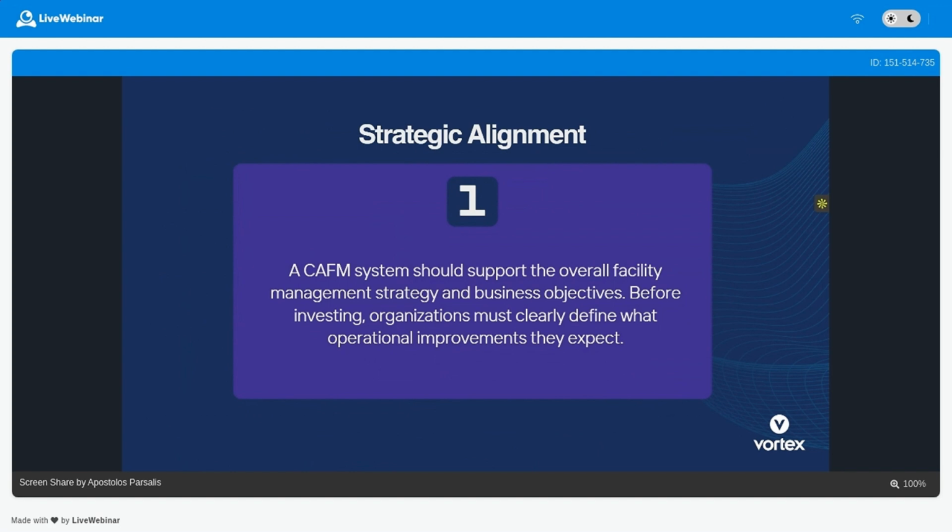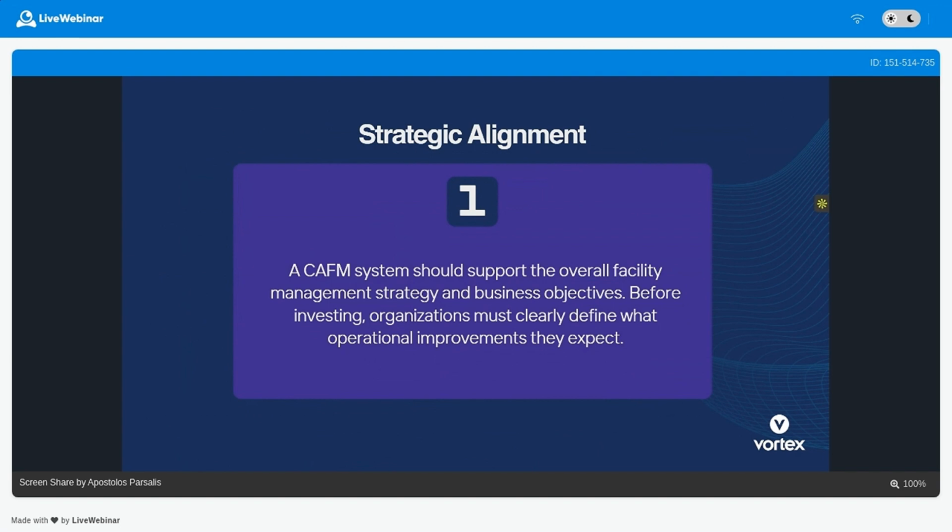And of course, when we're talking about CAFM systems, there are many categories of companies that use them. There are companies that are serving customers, so in this audience, you might be from a facility management company serving your customers with facility management services. On the other hand, we might have organizations that handle their facility management internally.